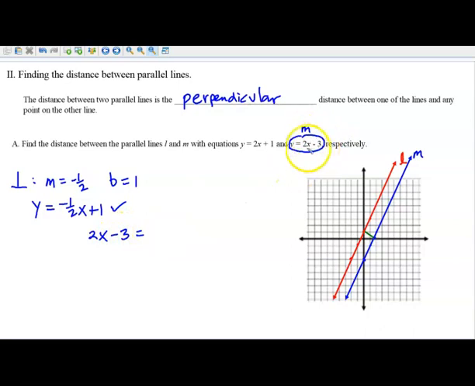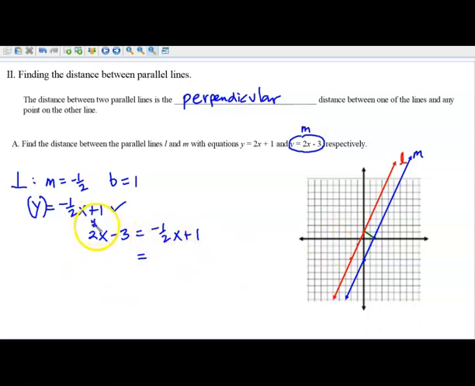So M is 2x minus 3. I just let that replace the y. And now I'm going to solve for x, so I can find out where that intersection point is. And if I know what that intersection point is, then I can find out that distance pretty easily. Okay, so I'm going to add 1/2 x.